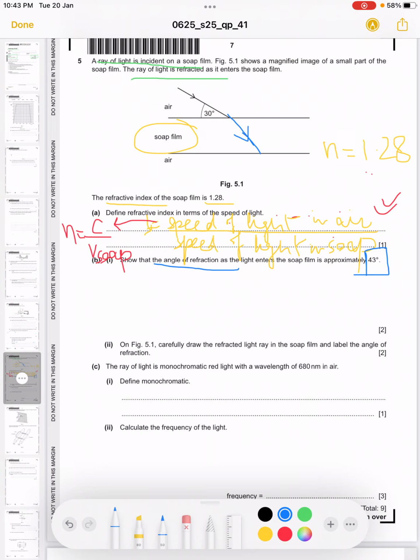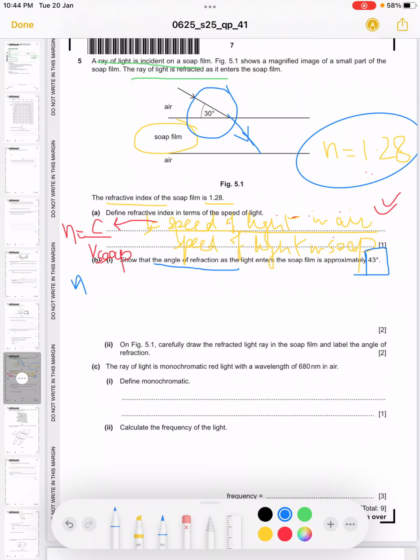So let's write the formula that relates the refractive index n, because we just have two pieces of information: the refractive index n and the angle. The important thing is to find the formula that relates the refractive index with the incident angle and the refracted angle, because we want the refracted angle.